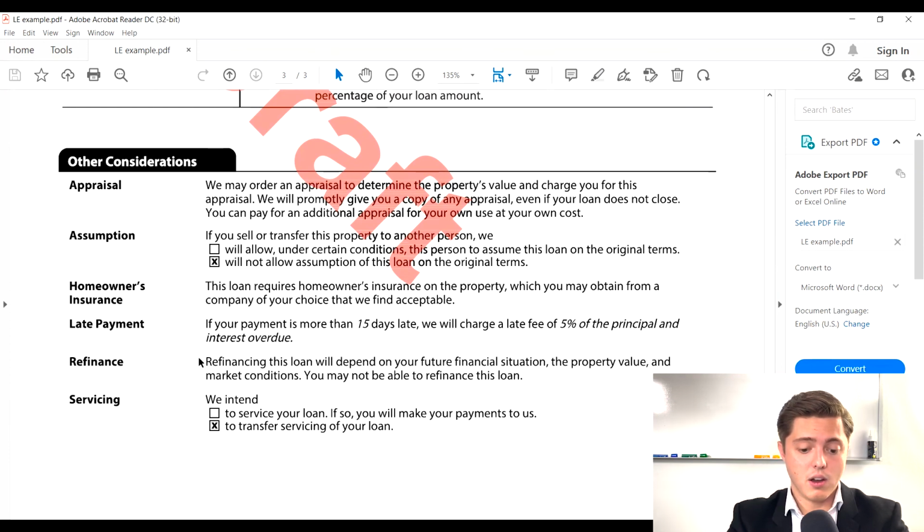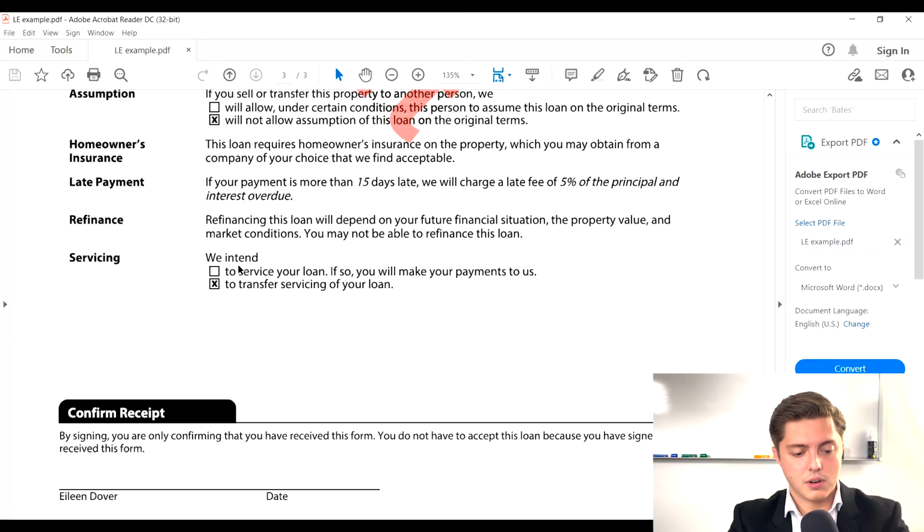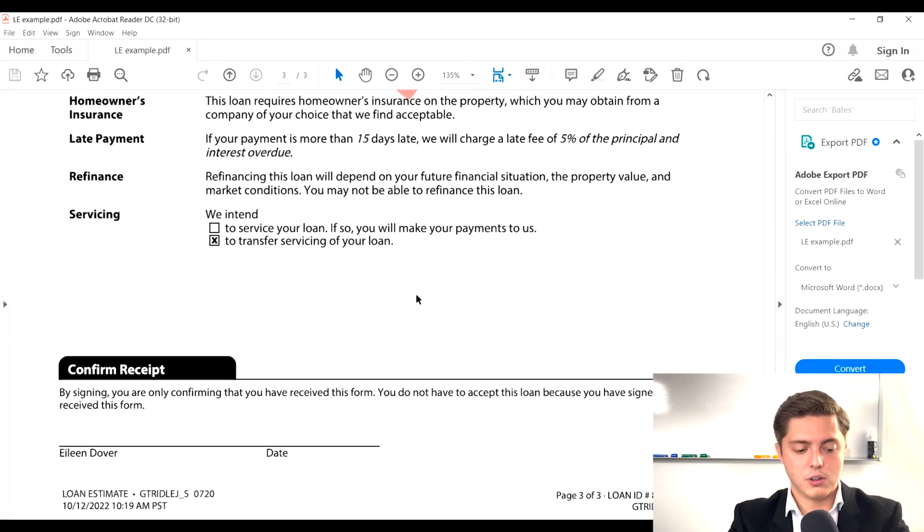Refinancing will depend on your future financial situation; you may not be able to refinance this loan. And then also servicing, so whether or not we intend to transfer servicing of your loan after you close. And then this is the section where you sign. Once that is signed, then we are actually able to start working on your loan.